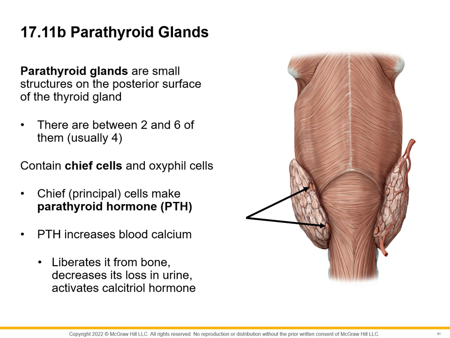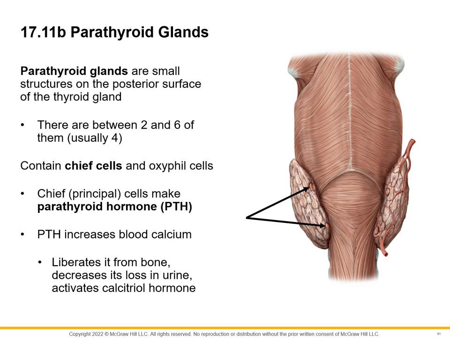What these are doing is they are responsible for producing a hormone called PTH, which is parathyroid hormone, right? So it's really easy to remember: parathyroid hormone comes from the parathyroid gland, specifically the chief cells or the principal cells. This hormone is an antagonist to calcitonin that we talked about back when we did the thyroid.